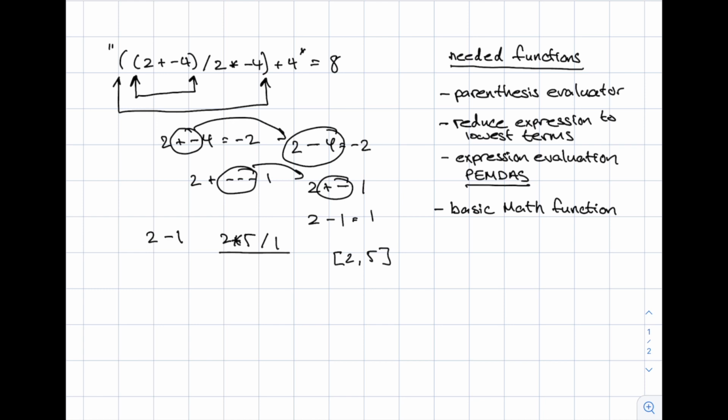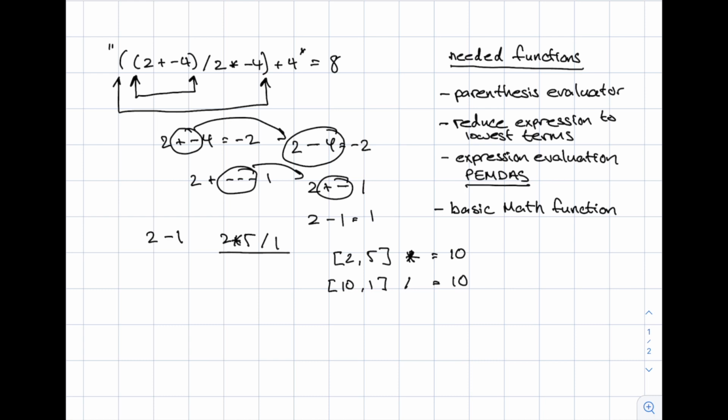And it will take an operation sign, in this case a multiplication sign, and it will return the result, which would be 10. Then we would take 10 and 1 and a divide sign, which again would just give us 10. So that's all of the needed functions that we're going to have to write in order to solve some of these more complex expressions that we can expect our code to receive.